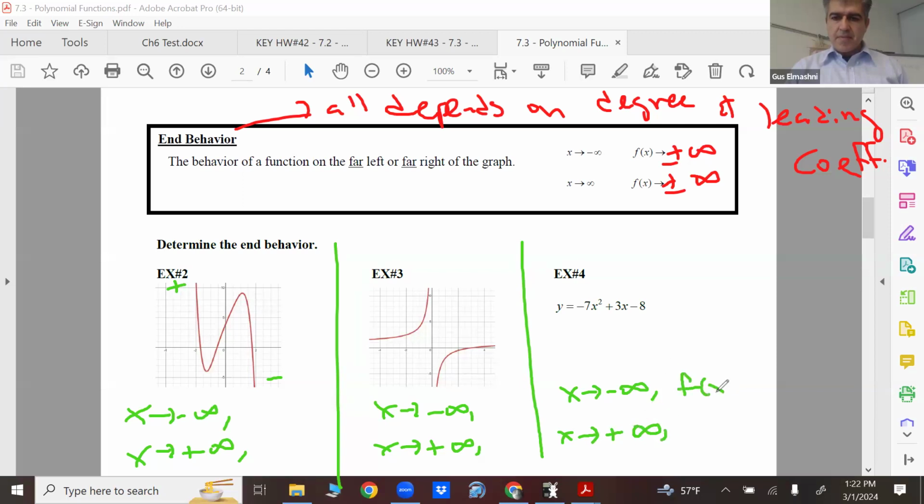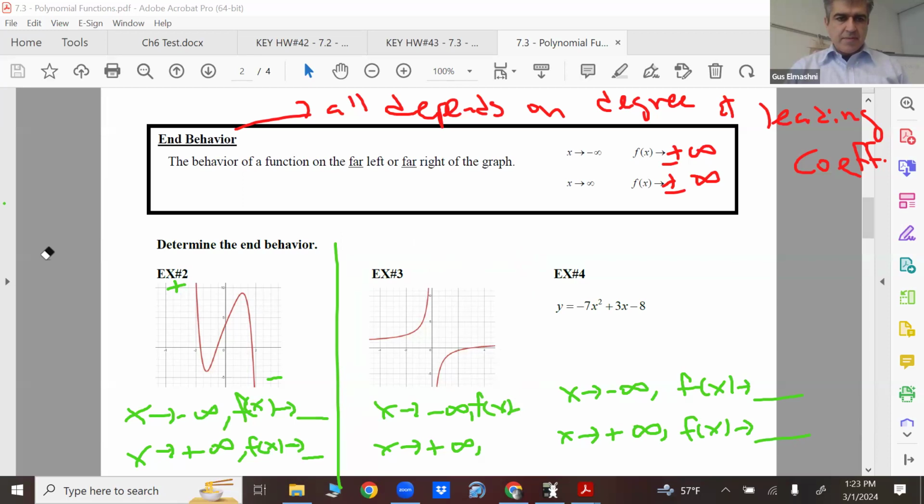Then we're going to say this. Shoot, maybe I have no space here. Let me get rid of that line, it's kind of annoying.